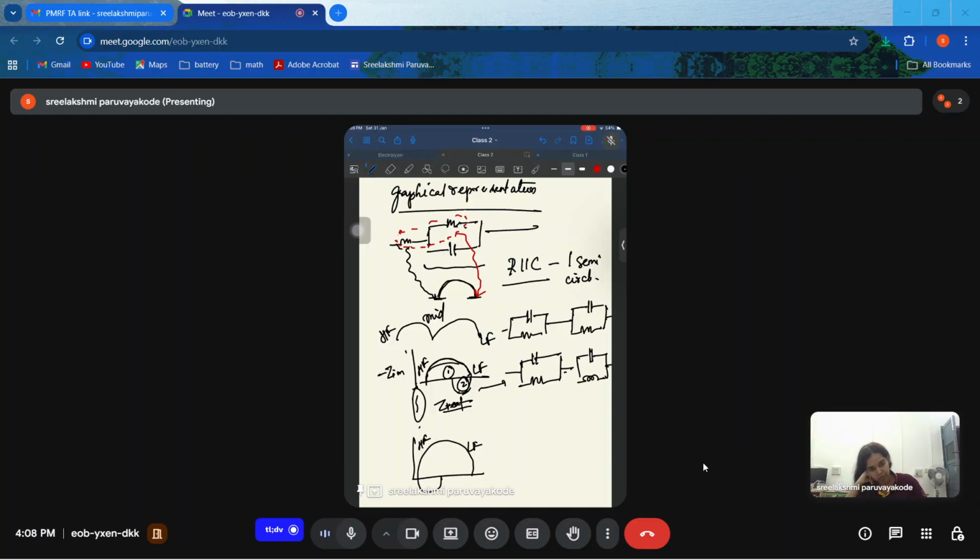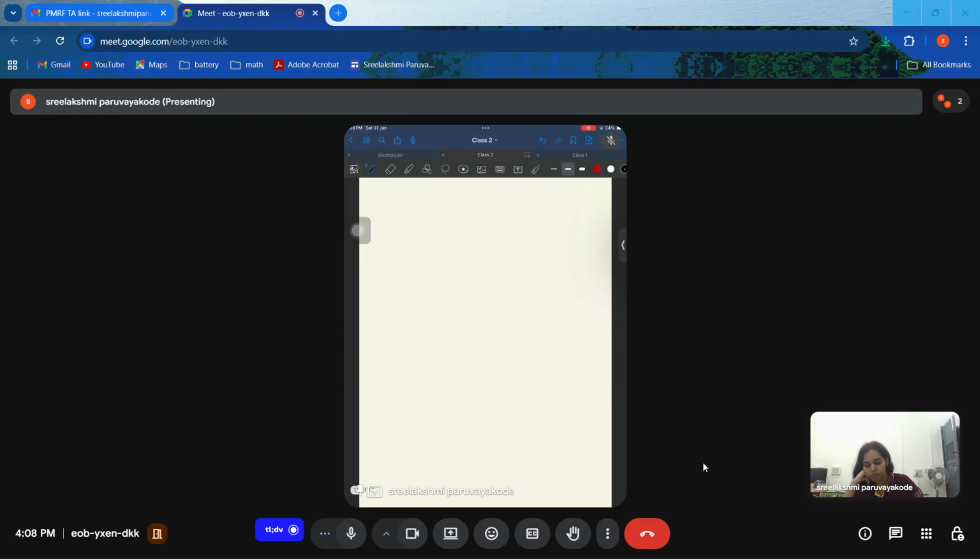This happens because of multiple reasons. But why does an inductive loop happen at high frequency? High frequency means greater than 100 kilohertz.